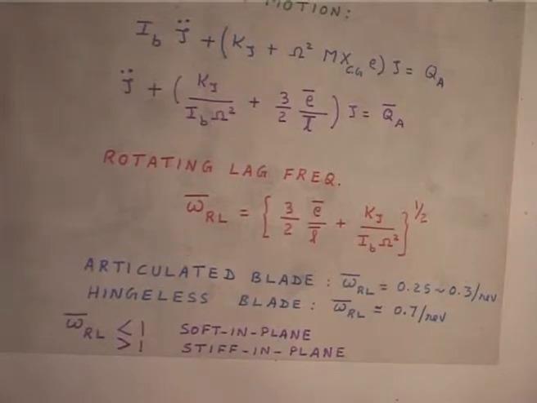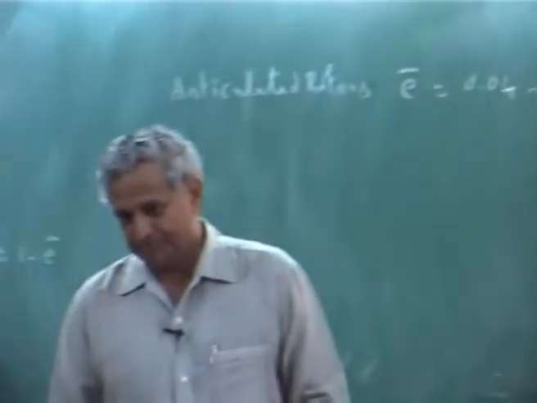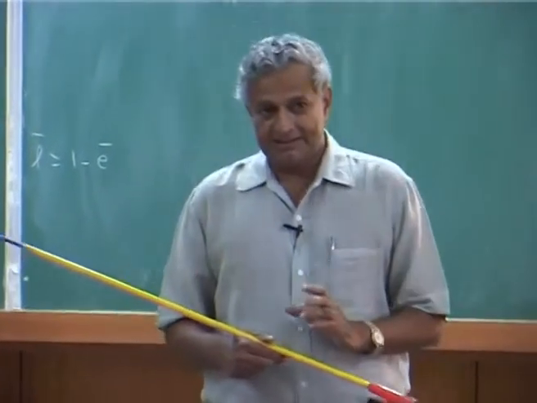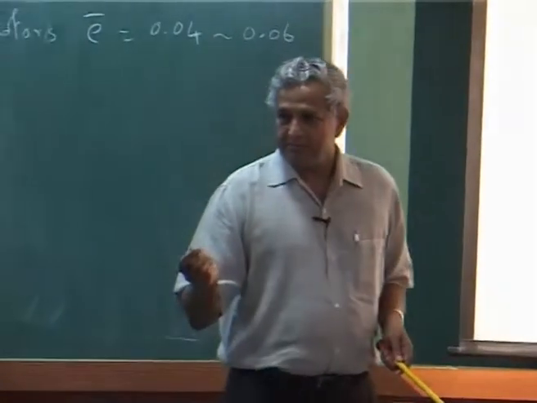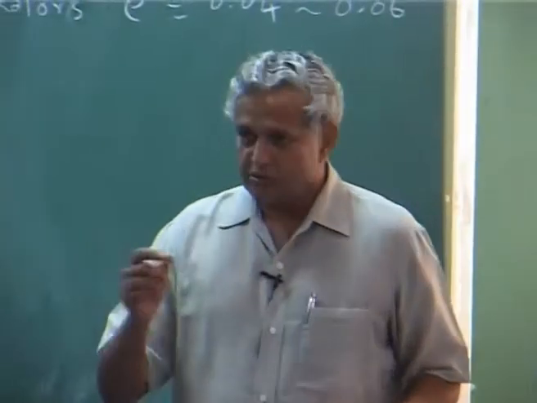But if you are not keeping it far away, then those rotors, that is stiff in plane rotors, are prone to flap lag instability. If you keep it around 1.1, 1.2, then it will go unstable.